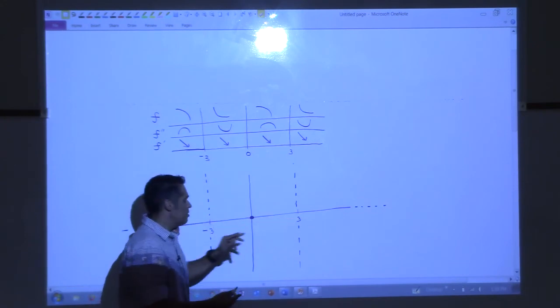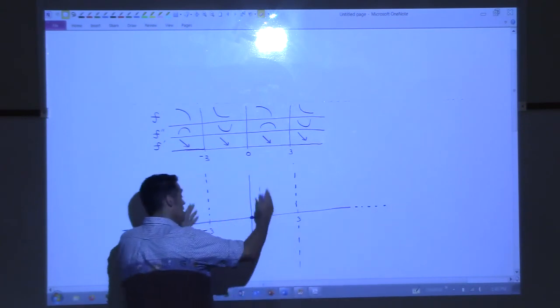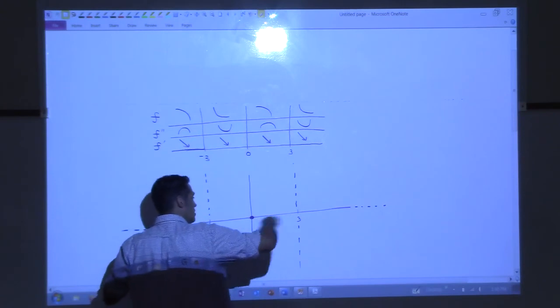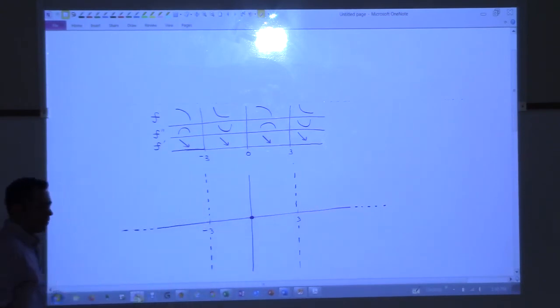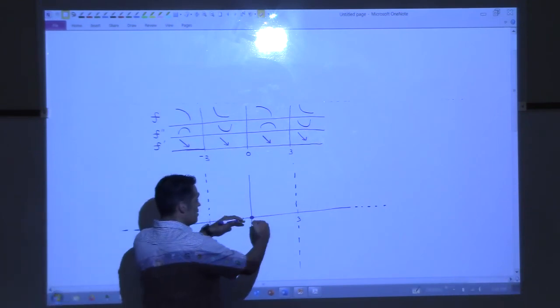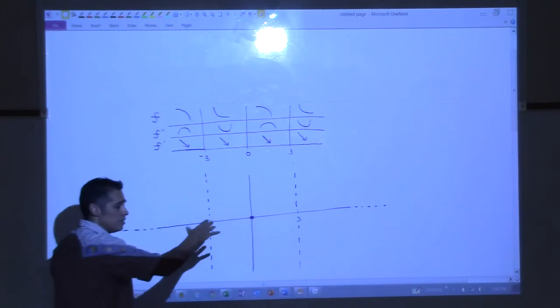The horizontal asymptote only tells you about end behavior. It tells you nothing about this. Now, vertical asymptotes you can't cross, so it's okay to draw them up and down, but horizontals, never draw them all the way across, right? I mean, you can, but just... Even when it's at 1? Even if it's at 1. Even if the horizontal asymptote was at 1, you'd only draw dotted lines out here. Look, this is going to be a perfect example. When we're done, you'll see what I mean.